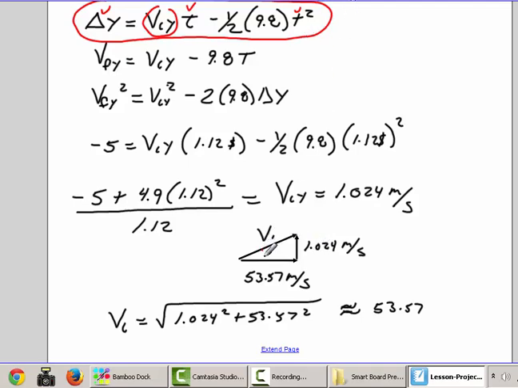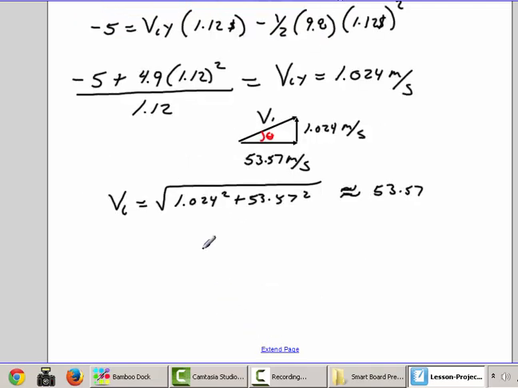Now, if I need to find this angle here, theta, then theta is just going to equal the inverse tangent of 1.024 divided by 53.57. Again, that would just give me my angle theta if I need to do that. I'm going to find my calculator real quickly and try to run that.